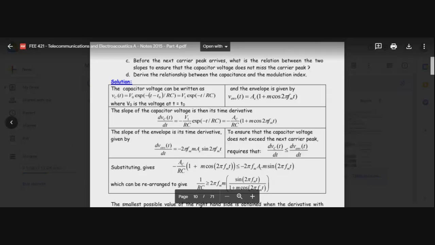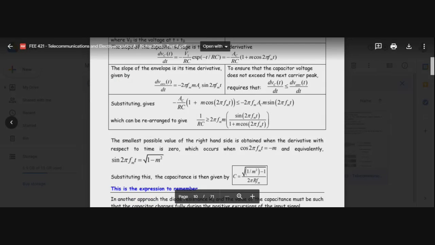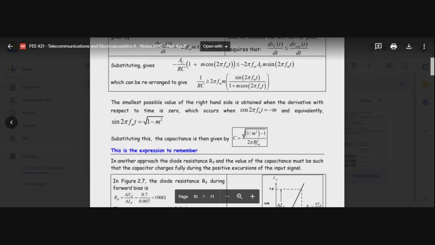When you do that, you get the equation that we were talking about earlier on, and it is there. Fortunately, I've not numbered it. But this is the expression to remember. You can go through the calculations that I've shown there. I think you should read through it, and if something doesn't make sense, you can ask questions.